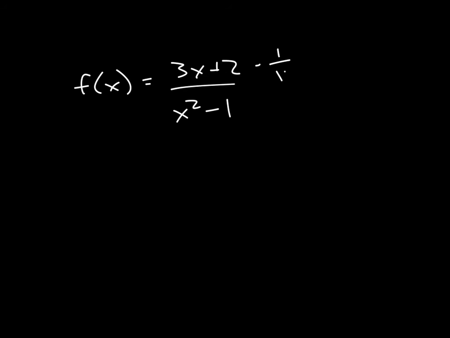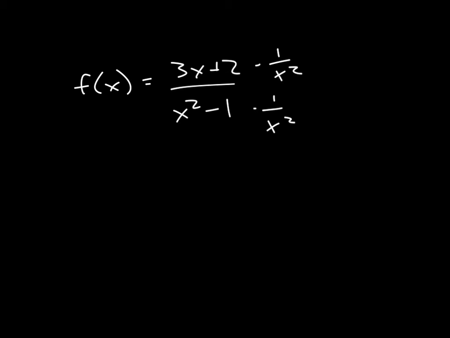So if we're looking at their examples, and they say f of x equals 3x plus 2 over x squared minus 1. Okay, so we need some information that actually does us some good. All right, so what we're going to do is basically multiply by some value of 1. So I'm going to multiply the top by 1 over x squared, and the bottom by 1 over x squared, just taking the denominator.